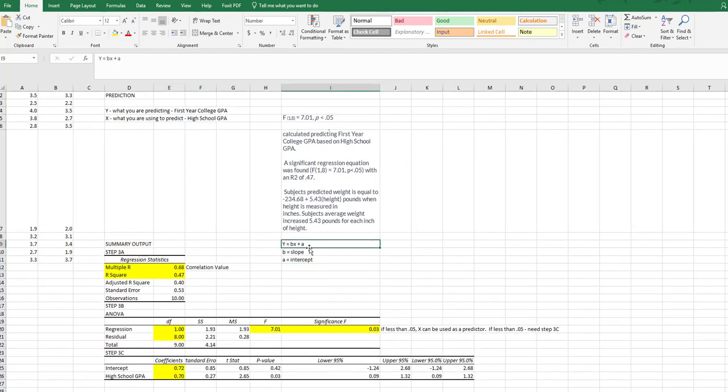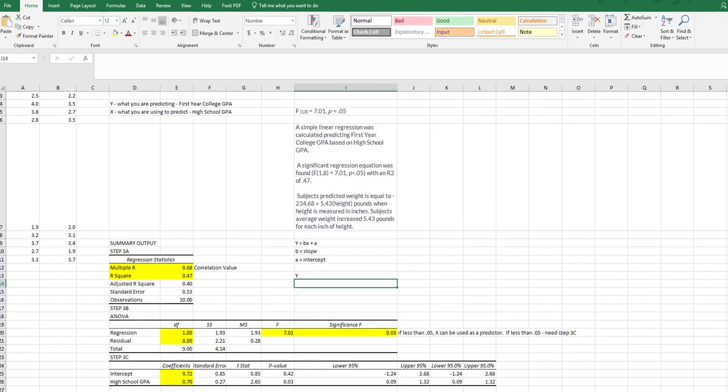Okay, so if I'm going to build this equation, I'm going to say y, with an apostrophe to signify that I am doing some kind of prediction. B is the slope. This is your check on one, the direction of the correlation, and two, if you've done this correctly. Your x variable will always be listed here.